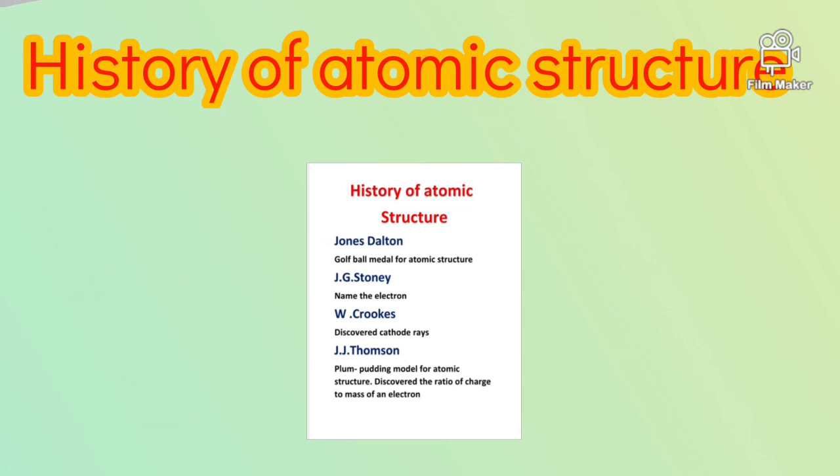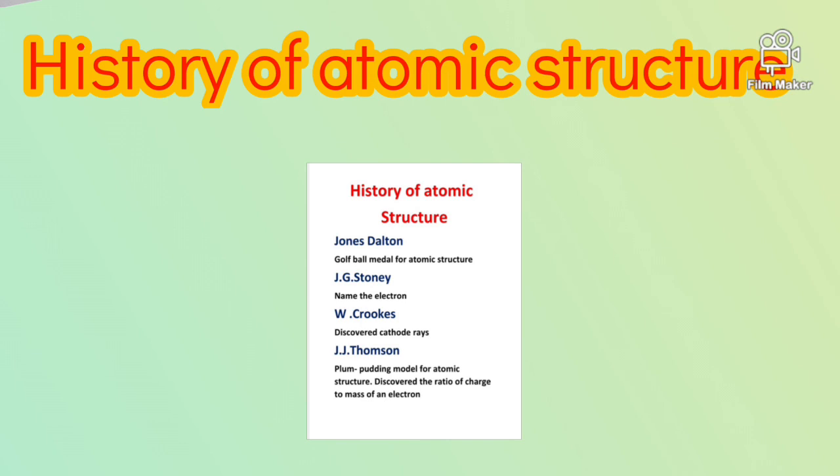Finally, we can discuss the history of atomic structure. Very important things. John Dalton introduced the golf ball model for atomic structure. Then G.J. Stoney named the electron. Crookes discovered cathode rays.